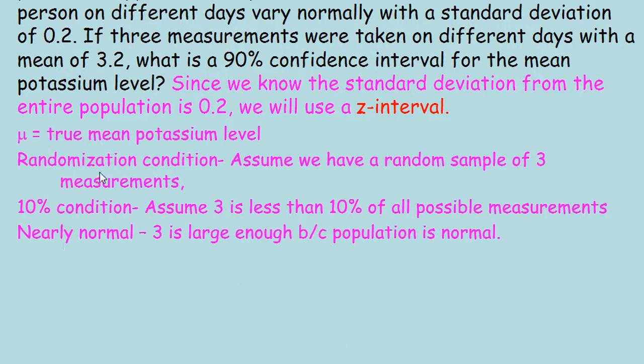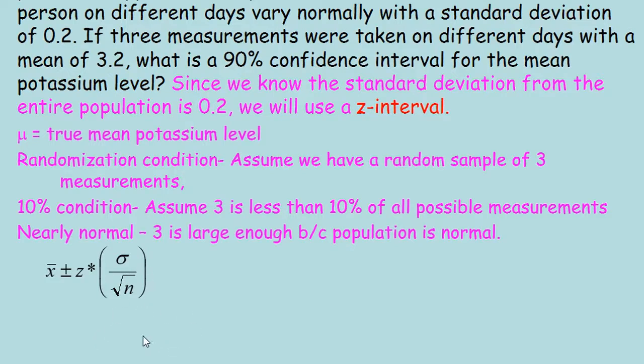Step 2, done. Step 3, let's use the correct formula now. We're going to be using a Z interval. And like I said, get your calculator ready because we're going to use a calculator. But here's how you do a Z interval. You start with the formula: x bar, which stands for the sample mean, or the mean in this sample of blood, plus or minus z star times sigma over the square root of n.